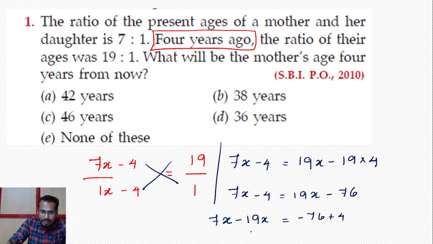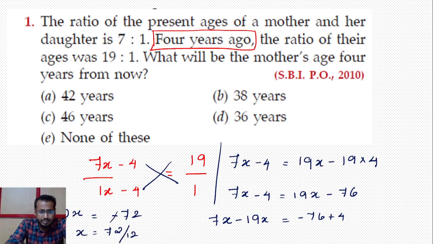Solving this, 12x, but that is negative 12, is equal to 76 minus 4, that is negative 72. Minus and minus cancel, right? So x is equal to 72 over 12. 12 times how many is 72? 6 times. So the x value is 6.